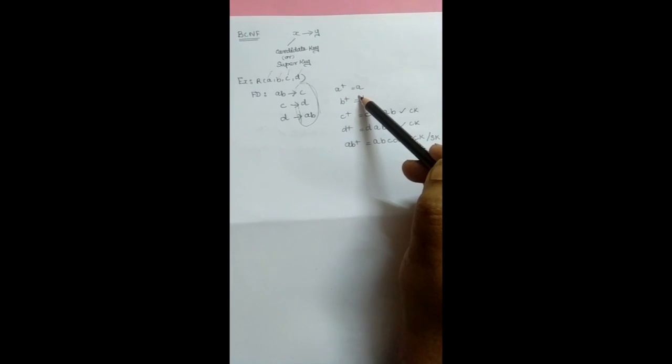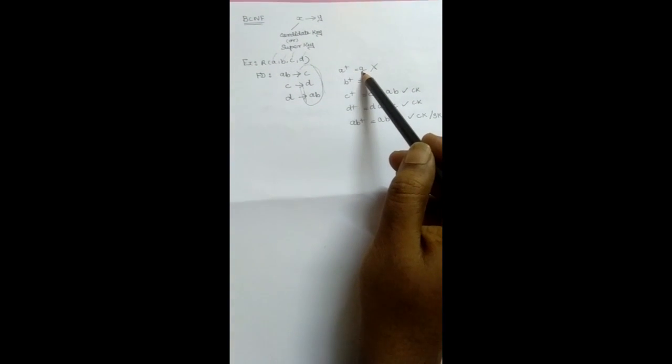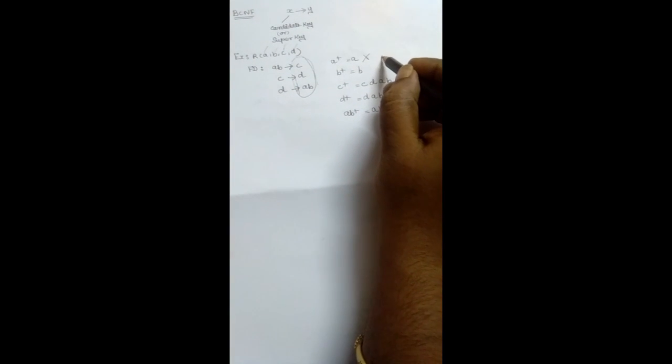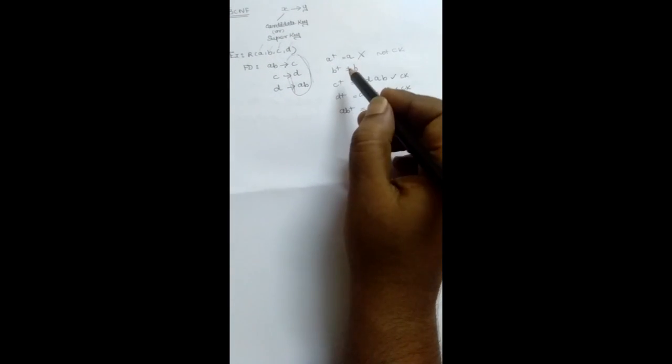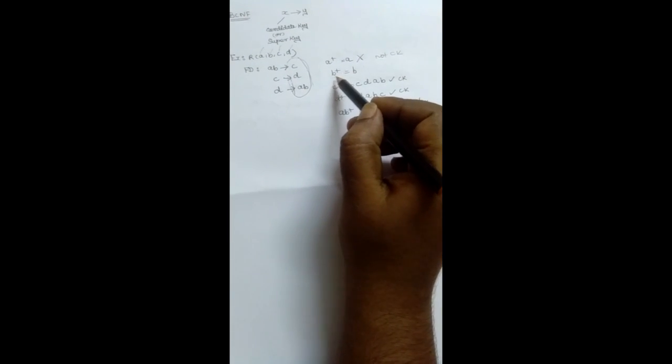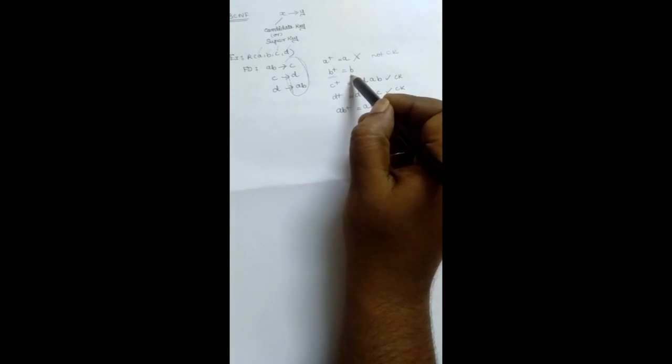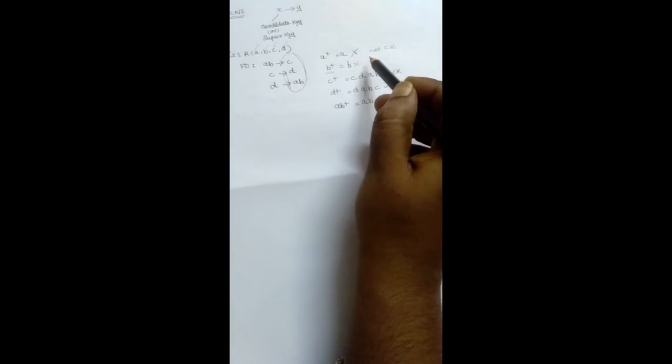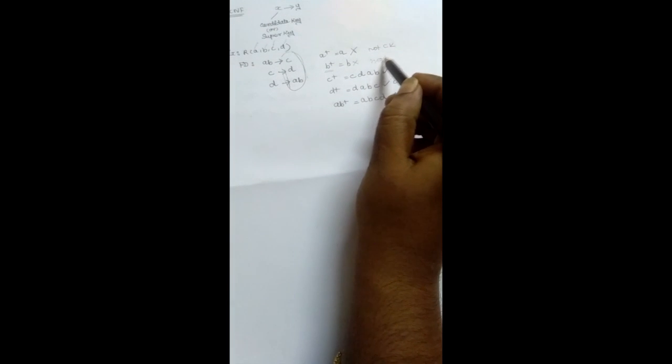With the help of A, we can obtain only one variable, A. We could not obtain all 4 variables. That is why it is not a candidate key. Now, if you find B closure, at that time we can obtain only B variable. It is also not a candidate key.